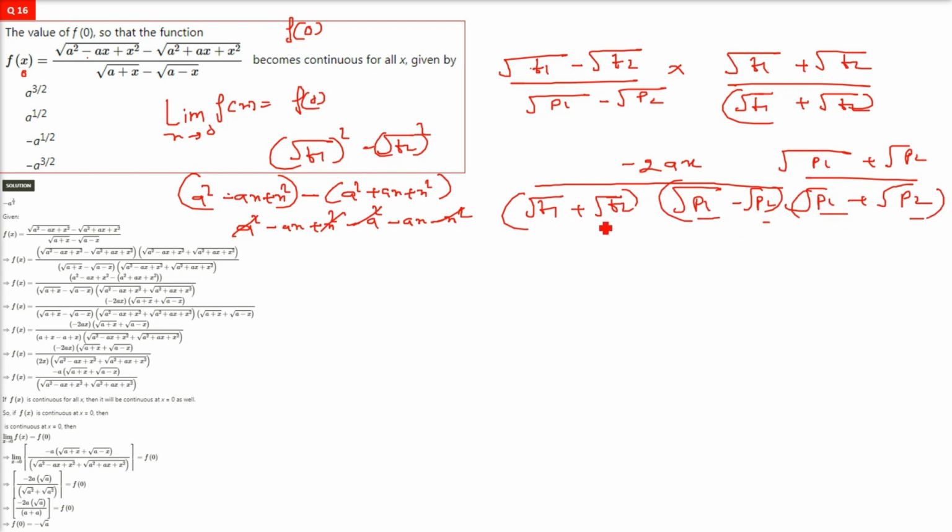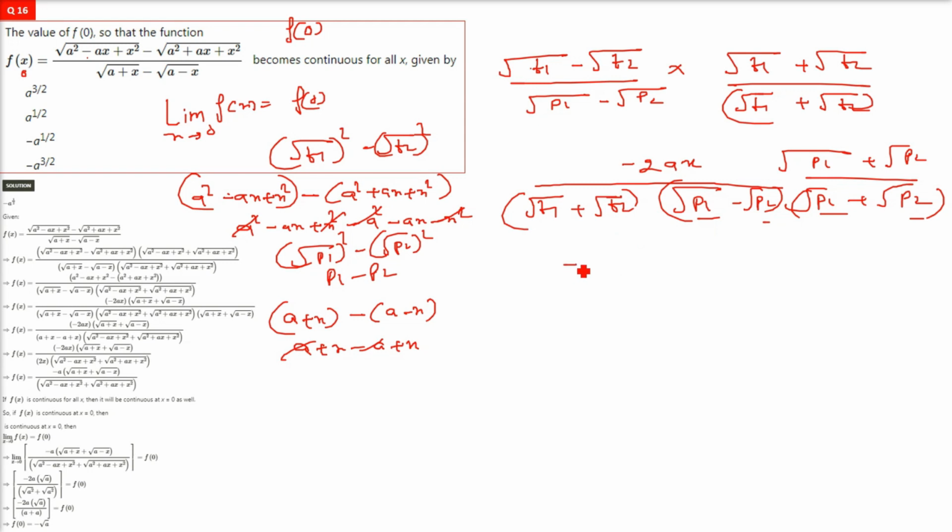So you will get under root square, that is, the p1 and p2 terms which we assumed to be a plus x and a minus x. So p1 minus p2 is a plus x minus a minus x. So let us write it here: a plus x minus a minus x. So this will be a plus x minus a plus x. Get this cancelled. x plus x is 2x.